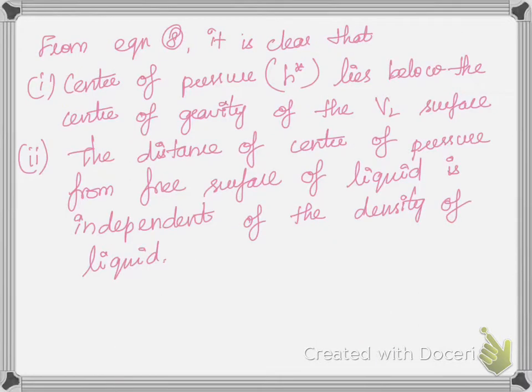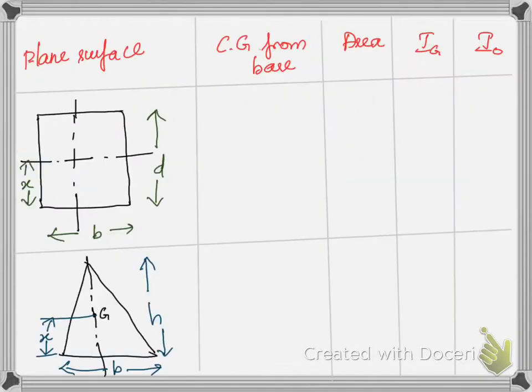I have given the statement here, you can go through it. I will be giving some plane surfaces, with the center of gravity from the base, its area, and its Ig and I naught. That is, the moment of inertia about the base is I naught, and the moment of inertia about an axis passing through the center of gravity of the area and parallel to the free surface is Ig.